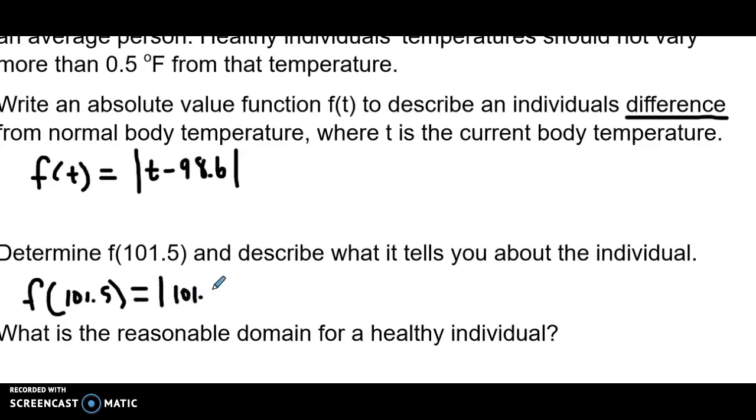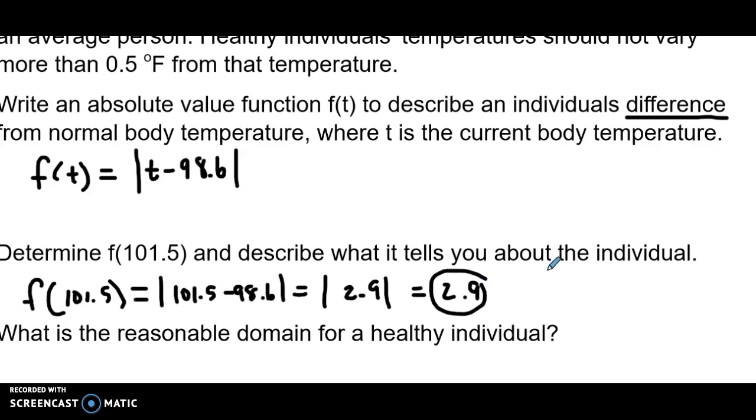It's 101.5 minus 98.6, and that equals the absolute value of 2.9. And the absolute value, if you remember, just makes everything positive. This is already positive, so it just equals 2.9. So f of 101.5 is equal to 2.9.